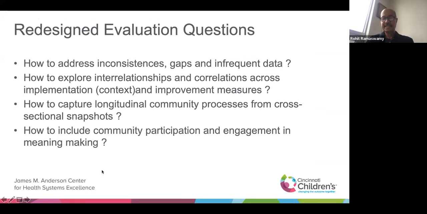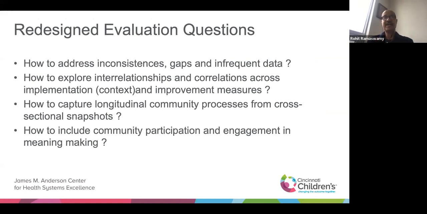So what we did, therefore, halfway through the project, was we redesigned our evaluation. We completely turned the evaluation in partnership with both the communities and the Robert Wood Johnson Foundation, which was very much open to our rethinking our approach, rethinking what it is that we wanted to learn.